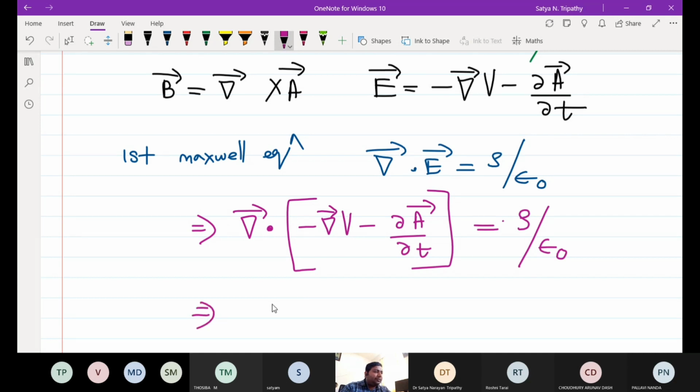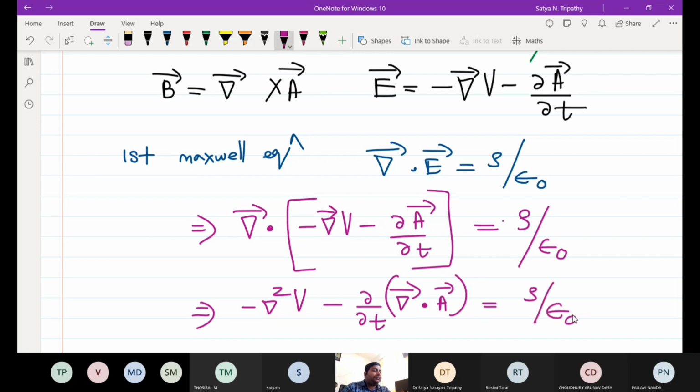So what I'm going to do here, so this is minus del square V minus d by dt of del dot A is equal to rho by epsilon 0.